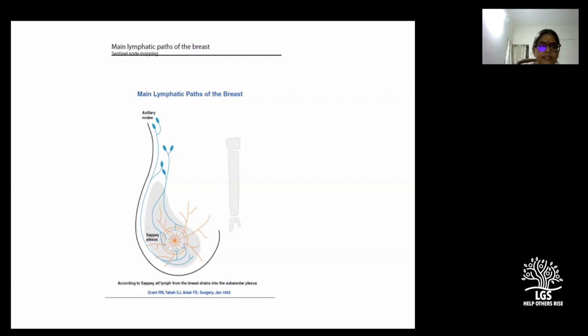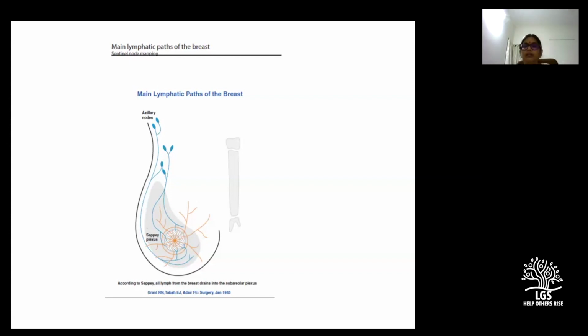They'll take out the sentinel lymph node, get the frozen section, and also meanwhile clear the axilla, and then you'll know your false negative rates and false positive rates by doing this technique, validating oneself. And then if your pathologist is happy, you're happy with the results, and the false negatives are low, then you go and offer it as a standard of care.